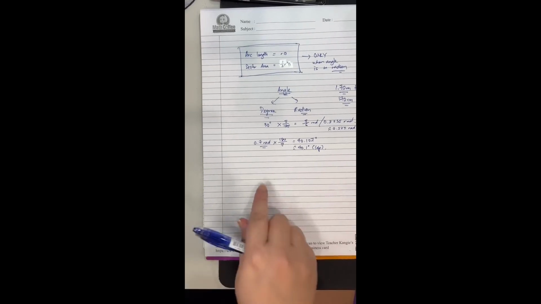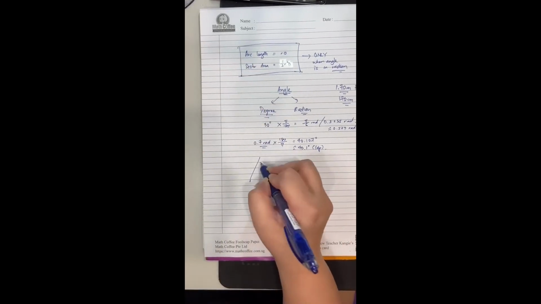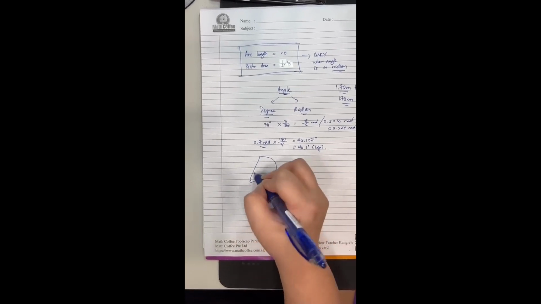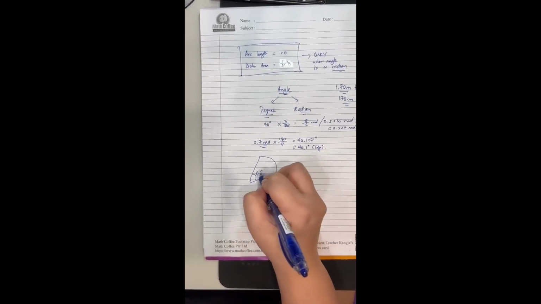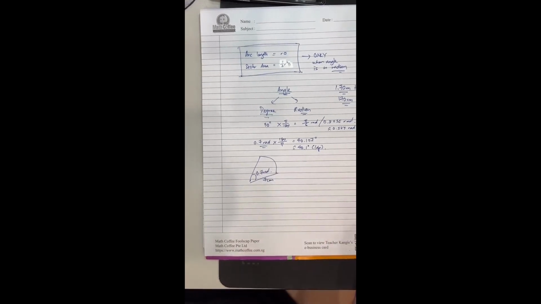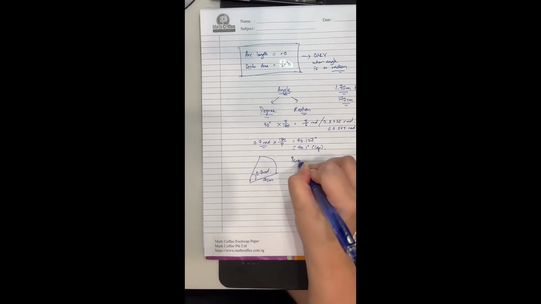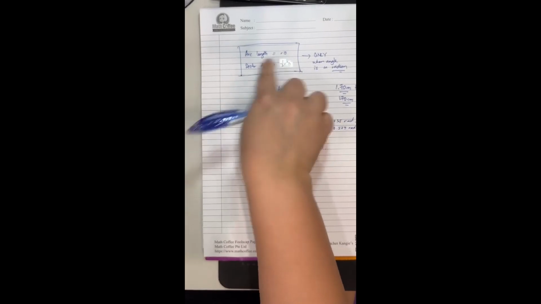Very easy one. Once you convert already, I want to find arc length. Let's say, for example, I have this question over here. Let's say this one is 0.7 radian, and let's say my radius is 7 cm. How to find the perimeter of this? I use the formula r theta.